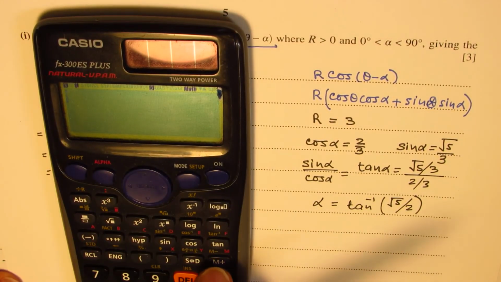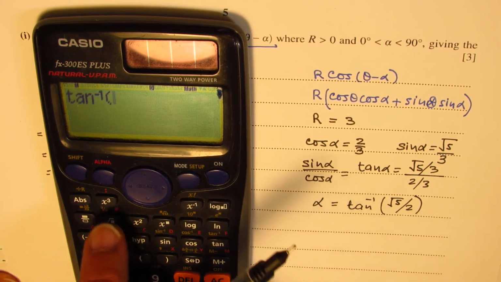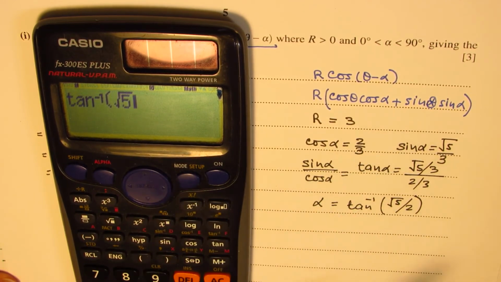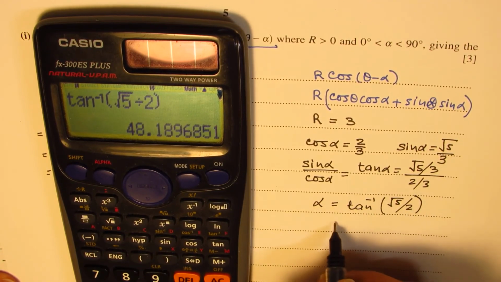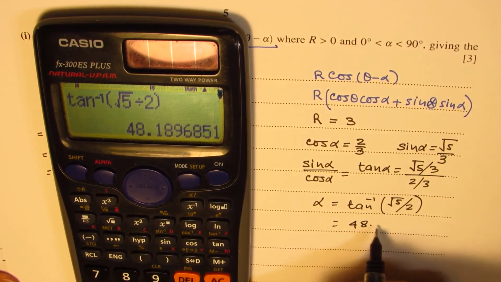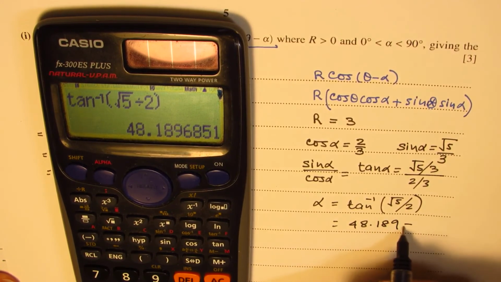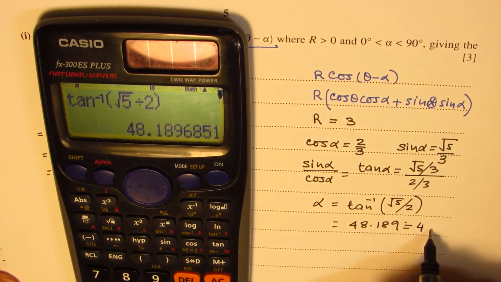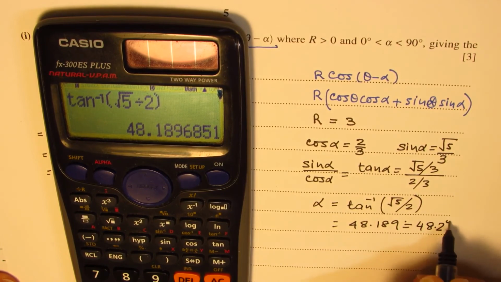So shift tan inverse square root 5 divided by 2 is equal to 48.189, which is approximately 48.2 degrees.